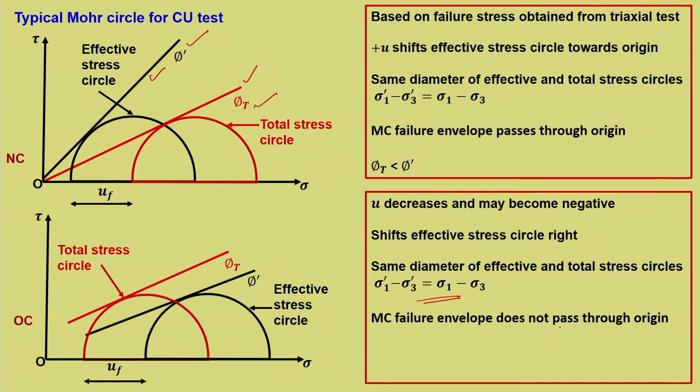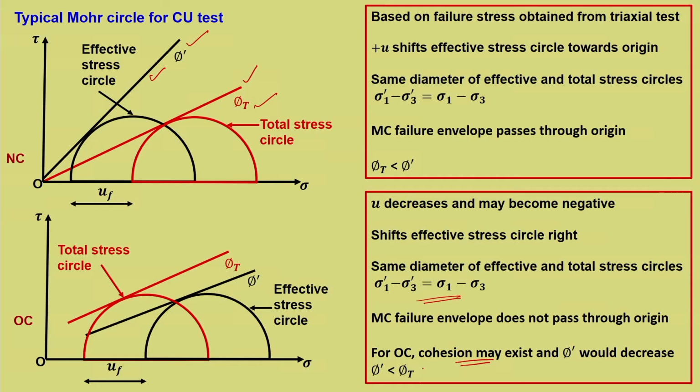MC failure envelope does not pass through origin for OC, which means that a cohesive component may exist. Now, this may be due to cementation, this may be due to apparent cohesion. It is not very clear since the particles are already stiff, because it is over consolidated and the stress which is applied is less than the pre-consolidation stress.